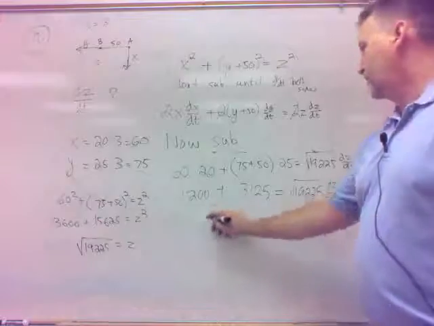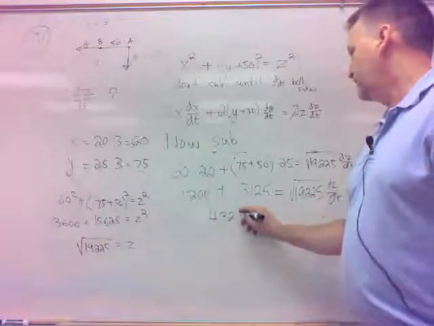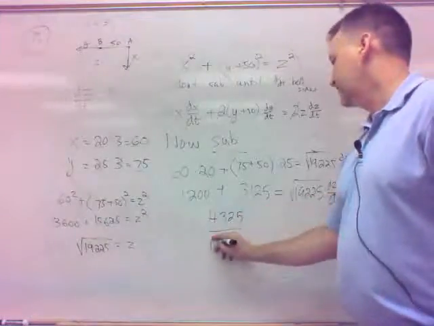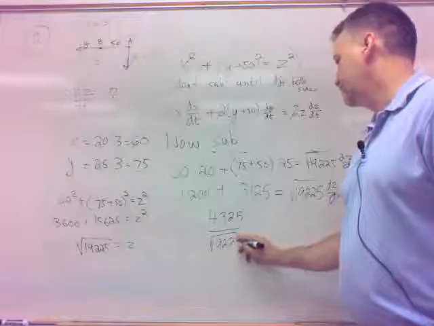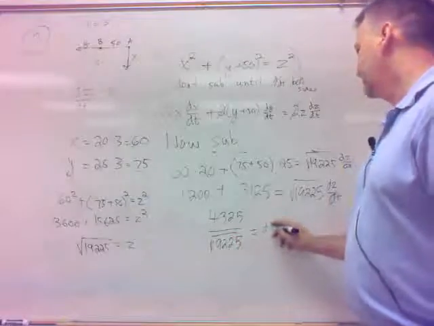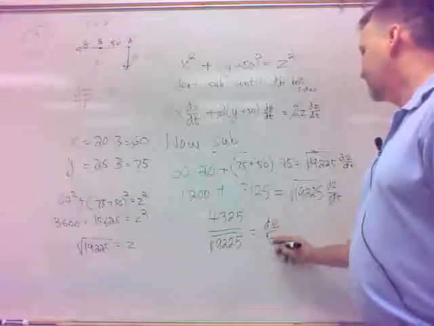So it looks like I got 4325 divided by the square root of 19,225 is dz dt, in miles per hour.